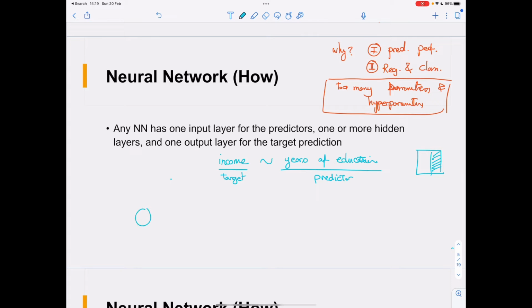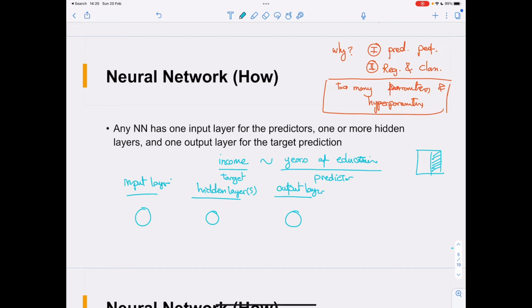A neural network is composed of three sets of components: the output layer, the hidden layer, and we might have more than one hidden layer, and the input layer.